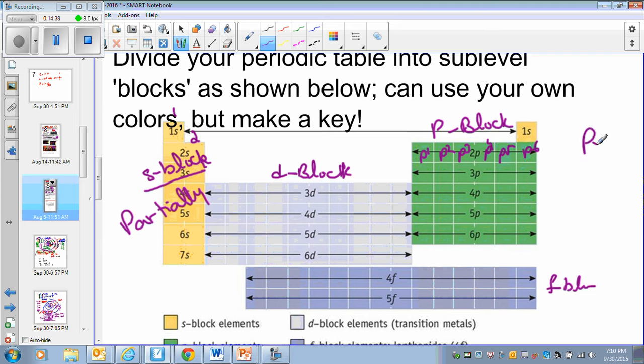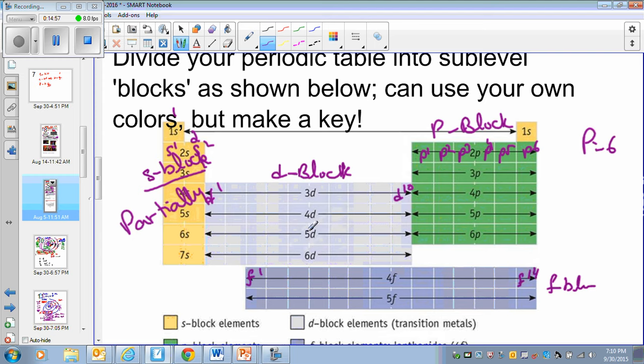P can hold a maximum of 6. So P is being filled in this area, D goes from D1 to D10 and is being filled in this region, and this is S1 and S2. So S is being filled right here, and F1 to F14.